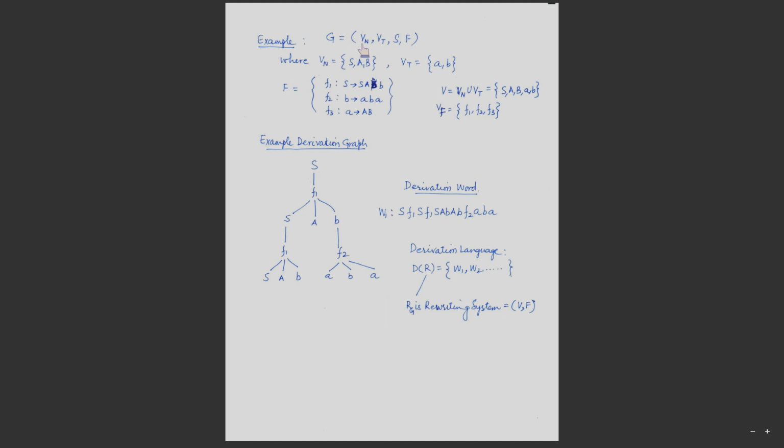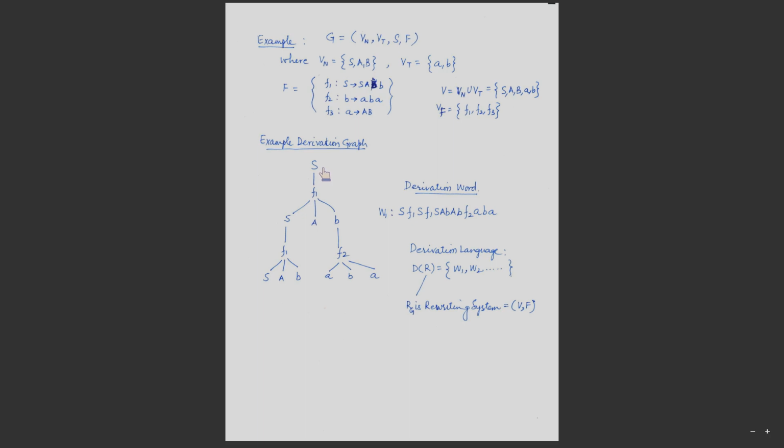Here in this case, G is the grammar we are using. It is having 4 components: Vn, Vt, S and F. Everything is clear to you all. Similarly, V is union of Vn and Vt. F is the set of all the production rules. So now if we start with the start symbol S, on this symbol you can apply some suitable production from this set.